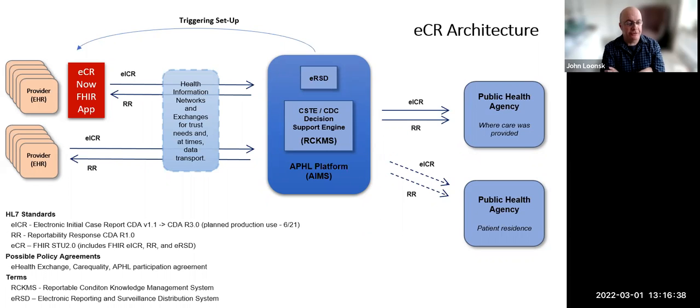When this process is operative, the data flow seamlessly without the provider being interrupted in their workflow, and make it all the way to the public health agency surveillance system, where they are case managed, where they are put into monitoring of disease trends at the state and local level, and where they are voluntarily reported to the Centers for Disease Control and Prevention as part of the nationally notifiable diseases system.